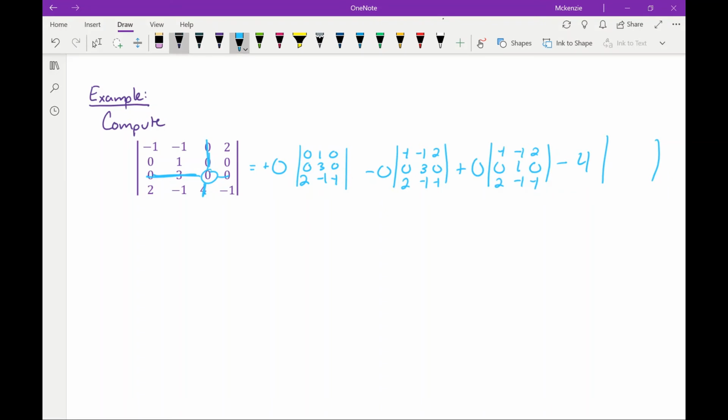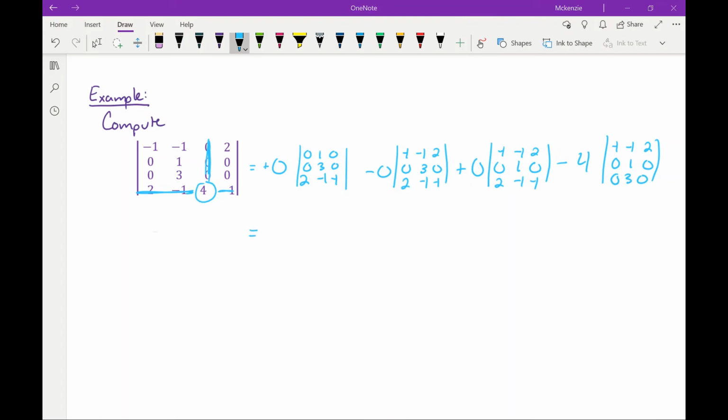And then lastly, the one that does count, we get negative 1, 2, 0, 1, 0, 0, 3, 0.